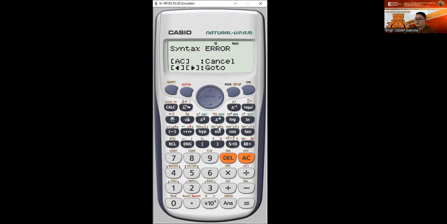Okay. Equals, bakit naka-syntax? Walang multiply na sign. Okay. Ayan. So, ito yung numerator natin over yung denominator natin na 4 factorial times 5 factorial. Ayan. So, yung nakuha natin coefficient is negative 315 over 4.